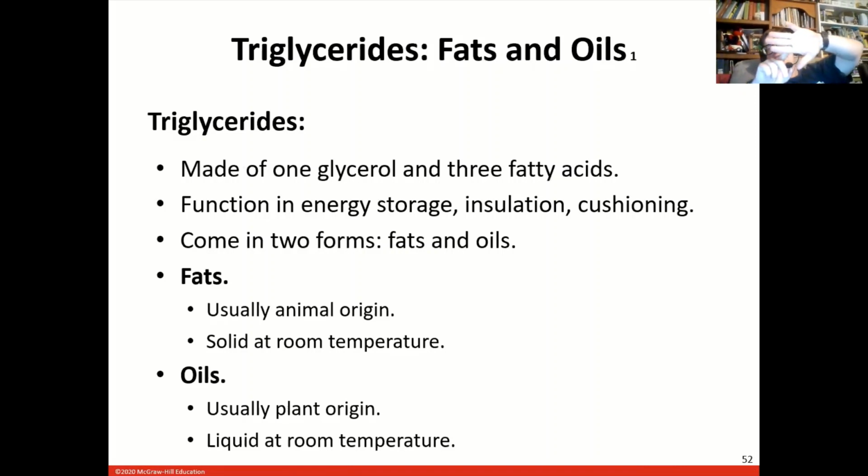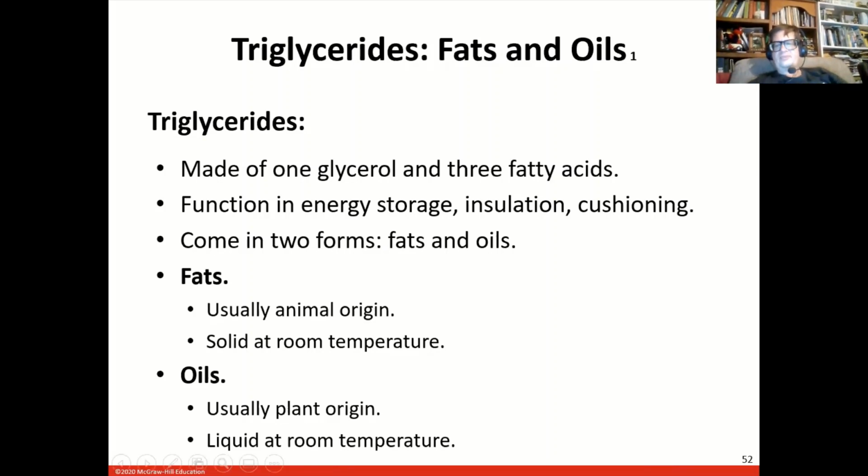The reason is these tend to be saturated fats with long, straight chains, and that lets them pack together closely. So 1 teaspoon of that animal fat has many, many molecules of fat. And so they're solid because they're packed tight together and can't move past each other easily.